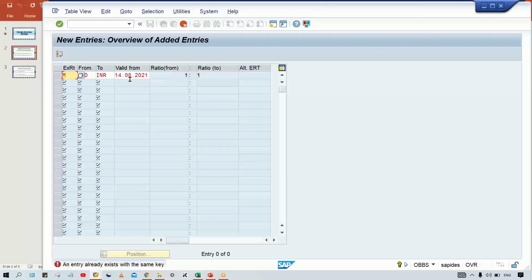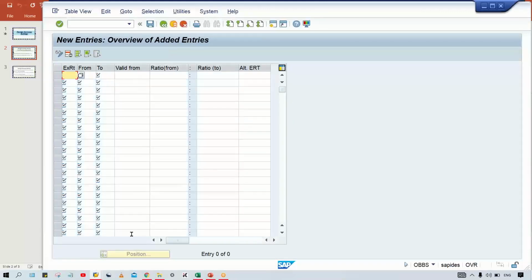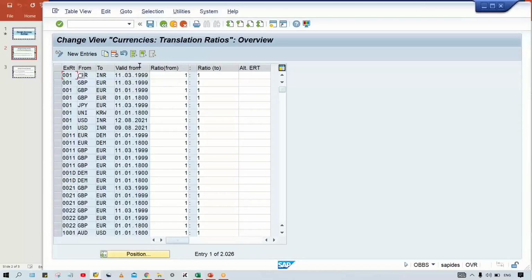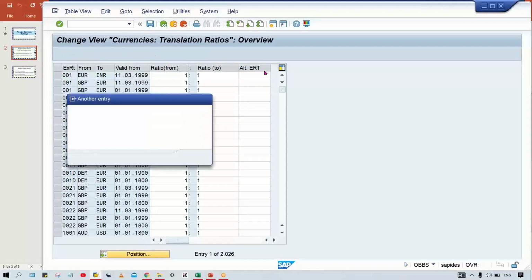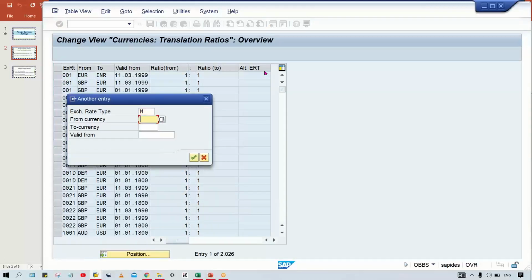Okay, so somebody has already maintained this. It's okay, no worries. Look here, this is not being maintained at company code level. Let's suppose here exchange rate type M, from currency USD to INR, 14.08.